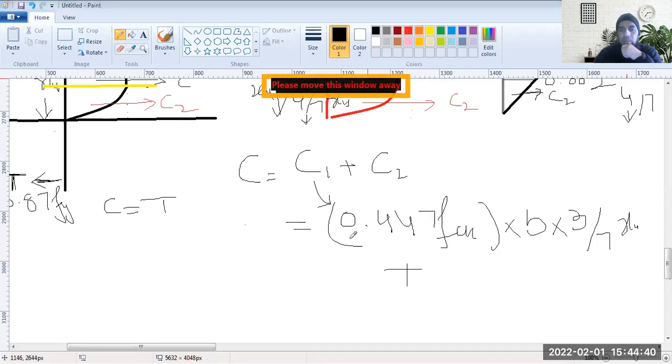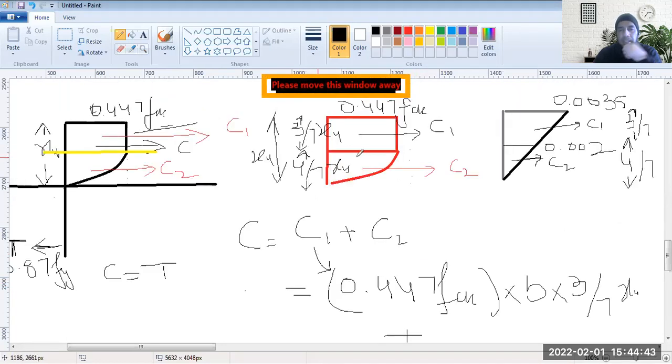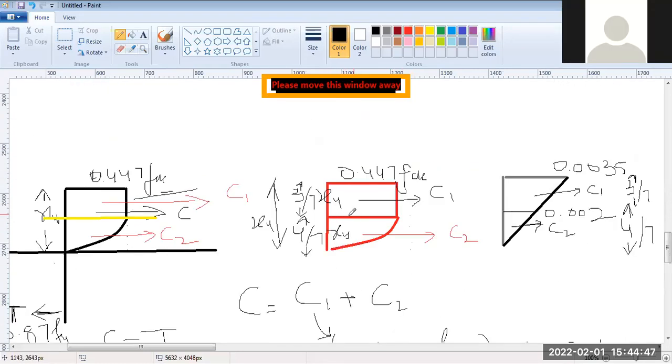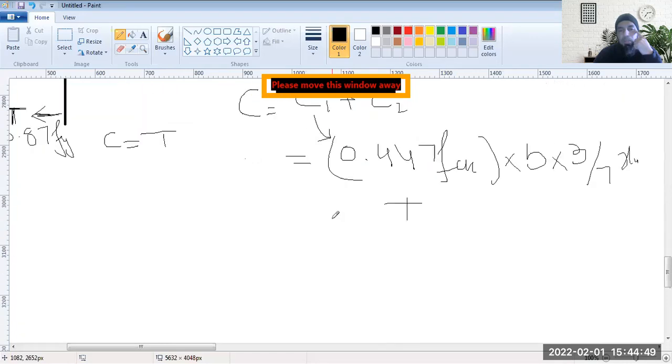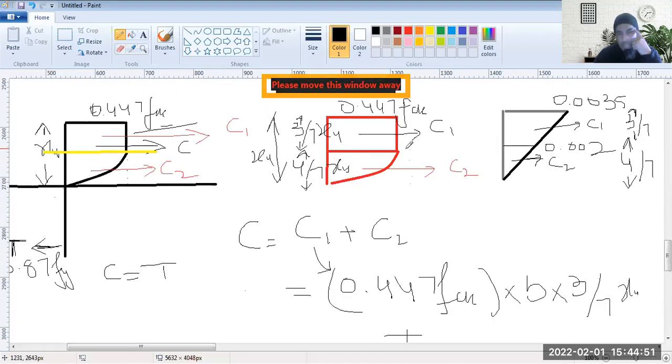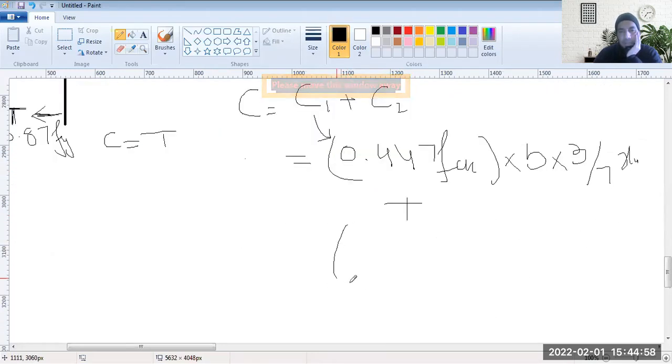Plus now your C2 is acting in this parabolic portion. So what is the maximum? In a parabola, you have 2/3 of the base into altitude. So here this is 0.447.